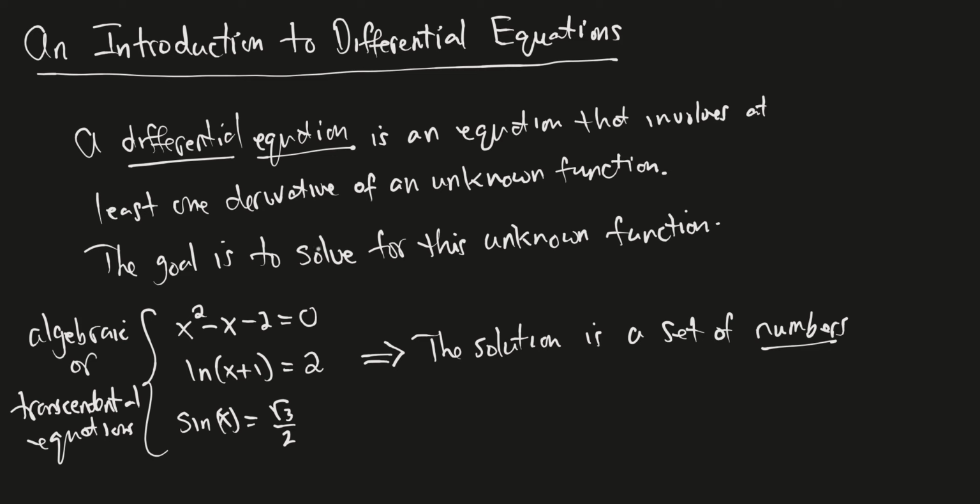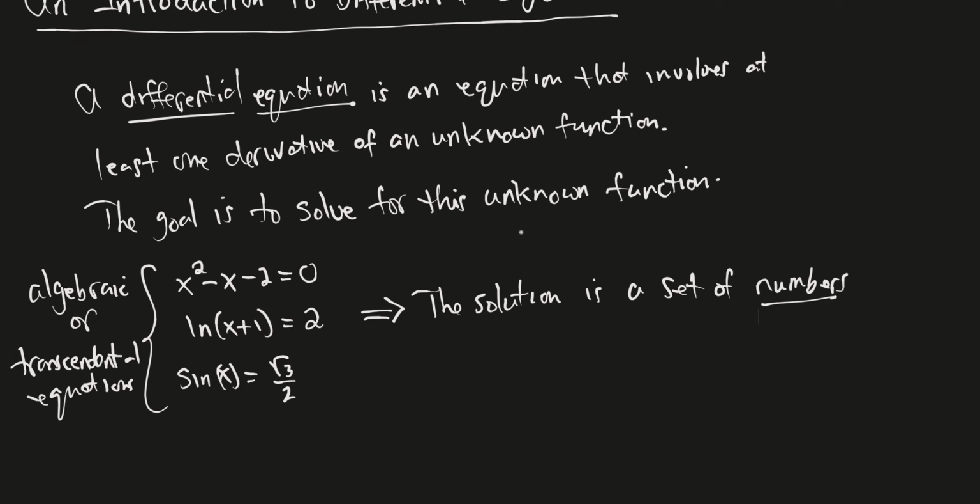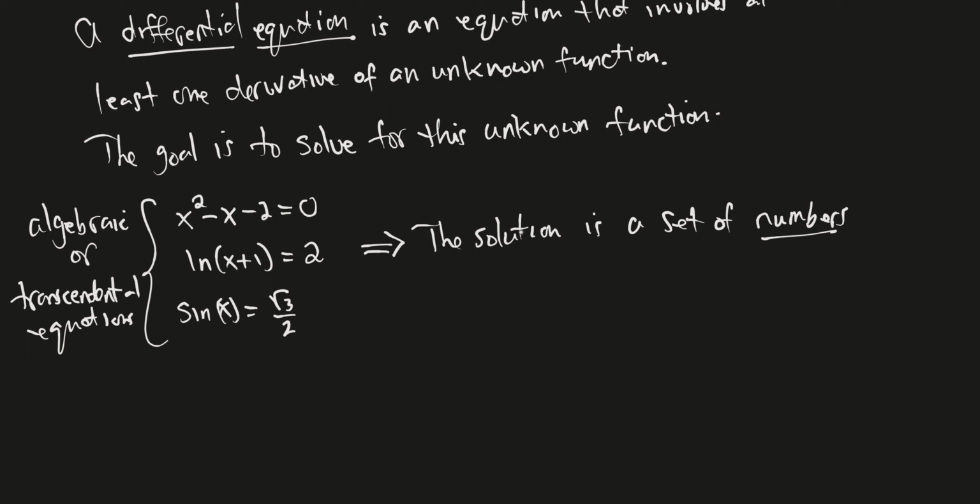When we solve a differential equation, we're not solving for a number, but instead we're solving for a function. Right? So what do they look like? Well, you've actually seen differential equations before, going all the way back to your first semester of calculus.